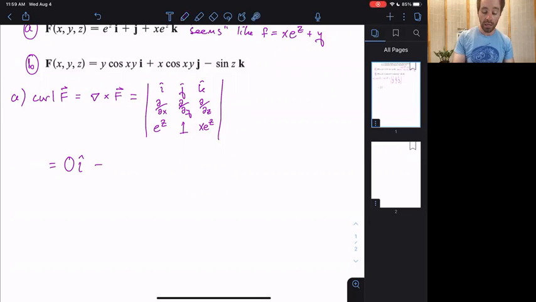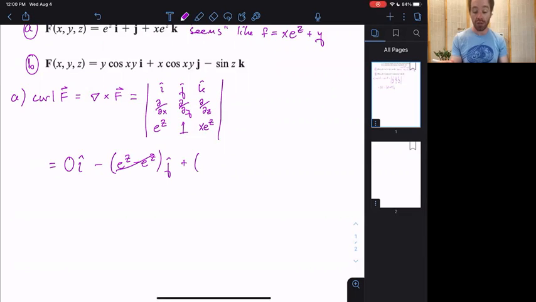So now, as the j component, it'll be this minus this. The partial derivative with respect to x of x e to the z is e to the z. And the partial derivative of e to the z with respect to z is e to the z as well. So just to emphasize, this is e to the z minus e to the z, which of course is 0.